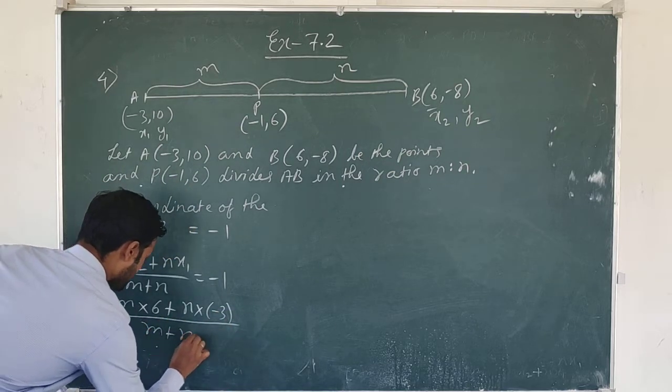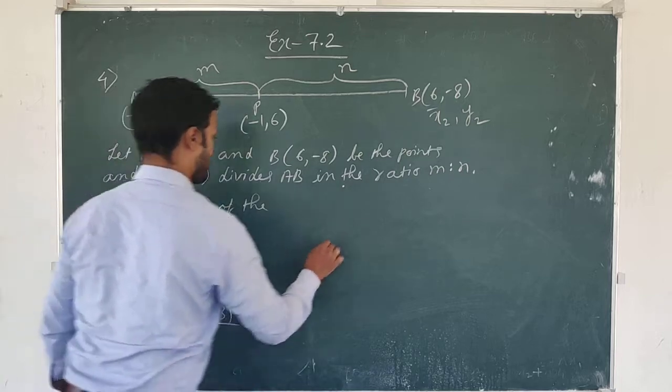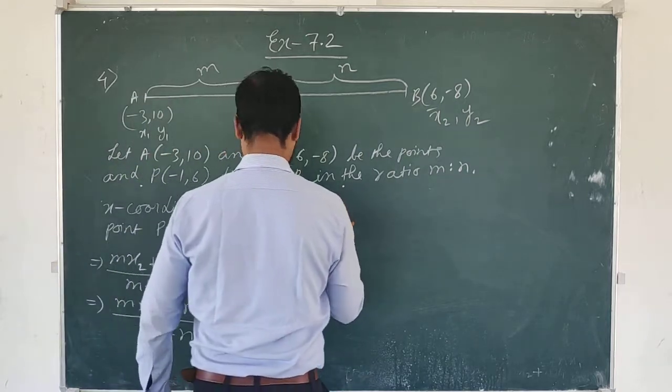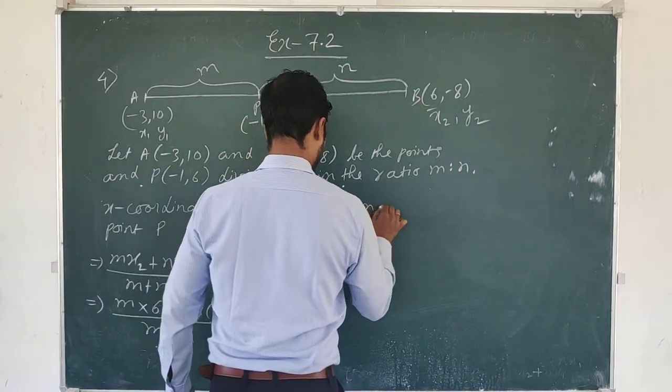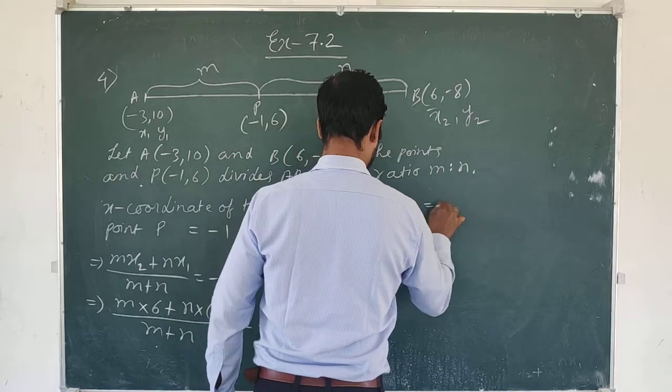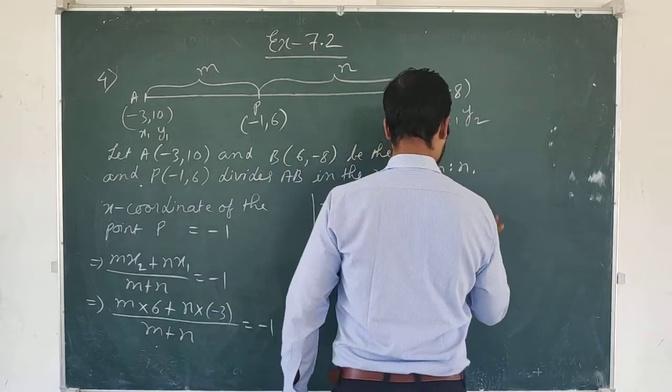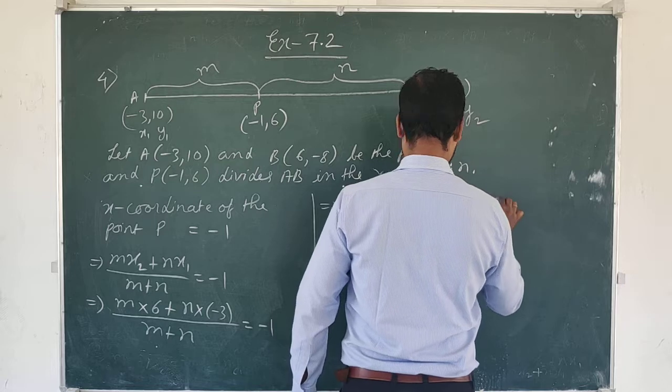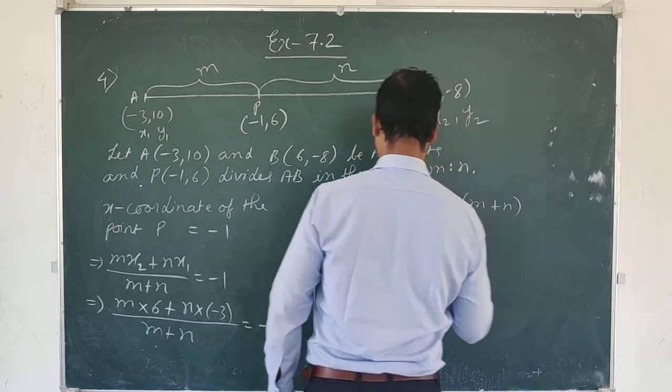Divided by m plus n is equal to minus 1. So now, 6m minus 3n is equal to minus 1 into (m plus n).